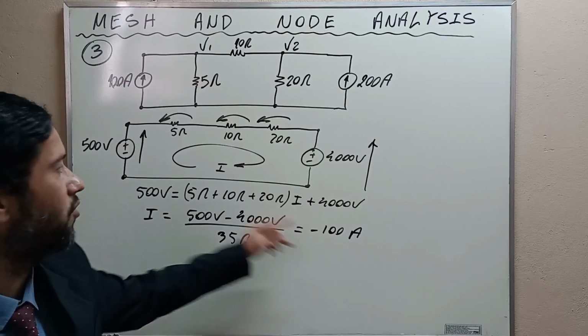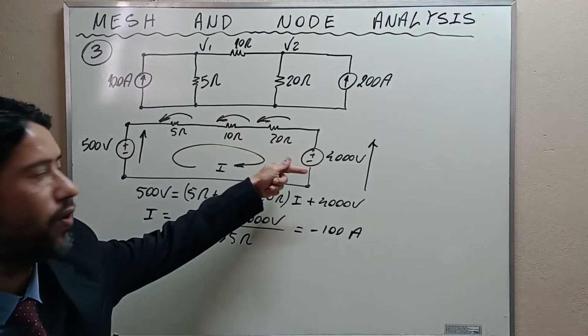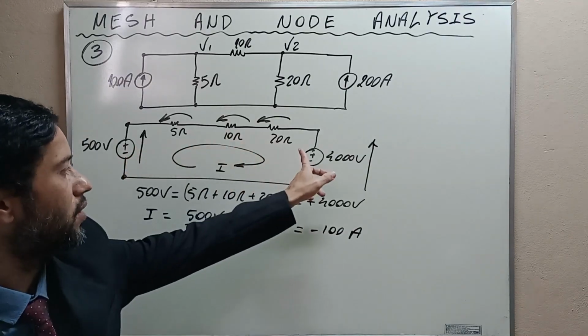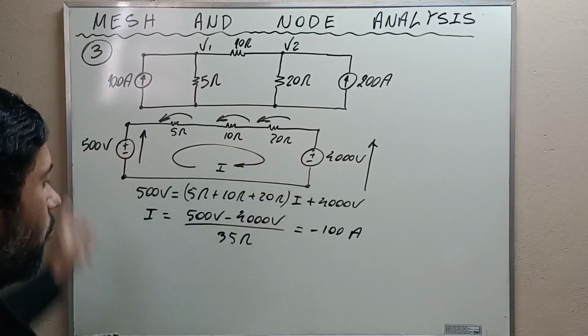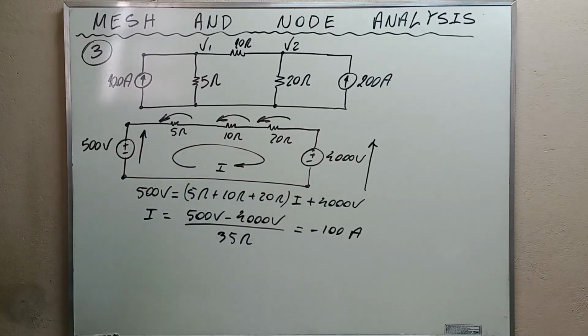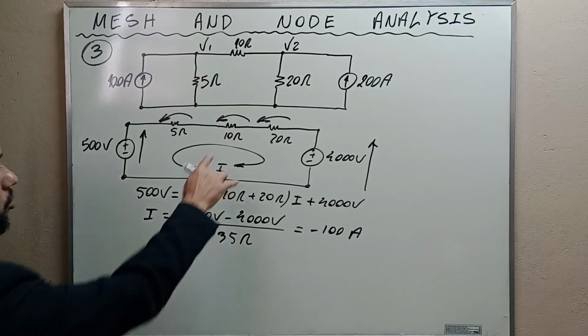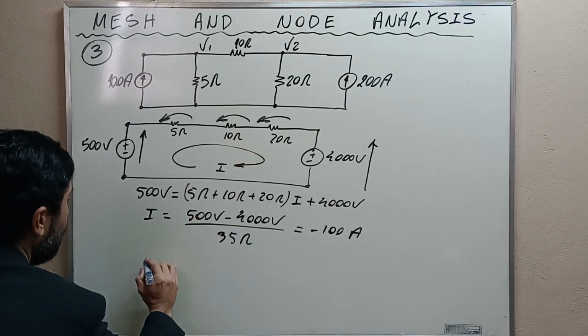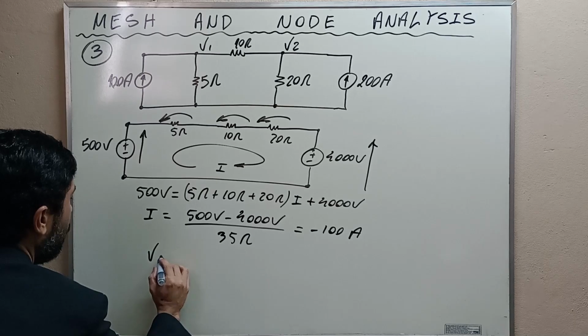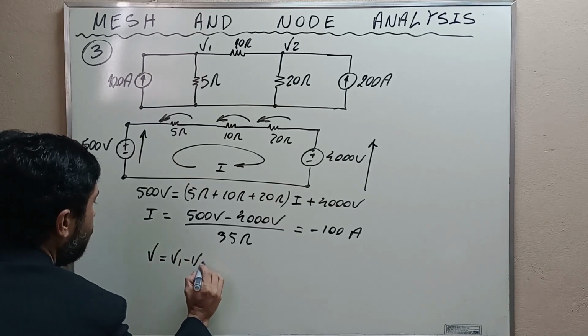It simply means that the current is not flowing from left to right. Actually, it is flowing from right to left. Okay, my friends? Subsequently, we calculate the voltage drop. To calculate the voltage drop, we simply multiply V, which is V1 minus V2.